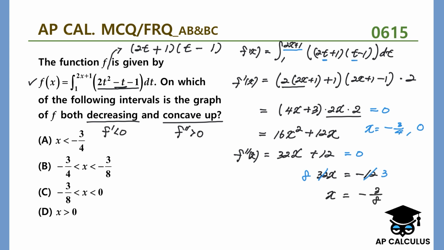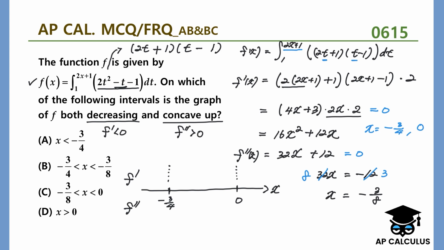Now we're going to test. So draw the line here. Okay, here f prime, here f double prime. F prime is equal to 0 when x is equal to negative 3 over 4 and when x is equal to 0. So we're going to test these intervals.